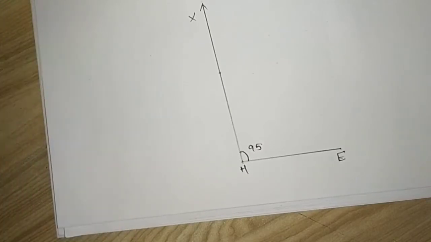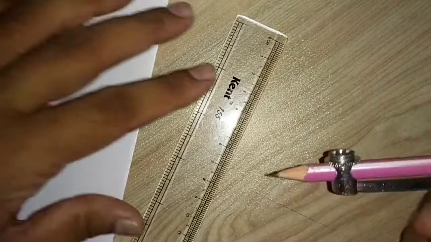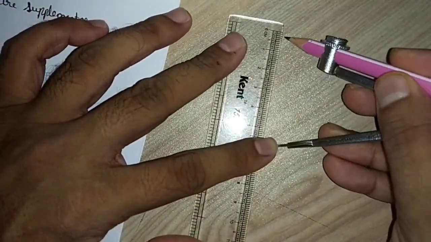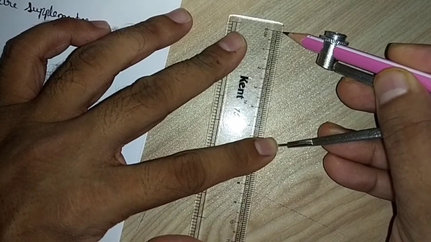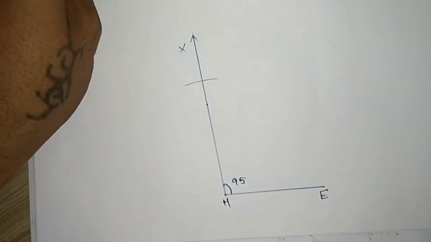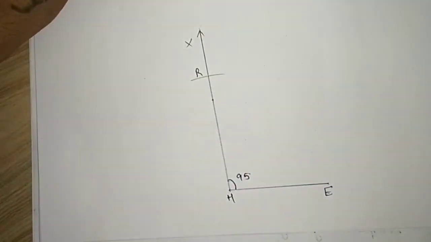Now with the help of compass and scale, we will take 6 centimeter on H. Put it on H and cut ray HX. Where it is cutting, we will name it as R.